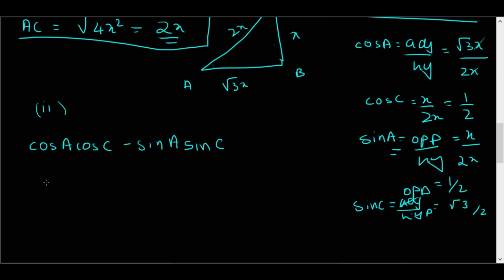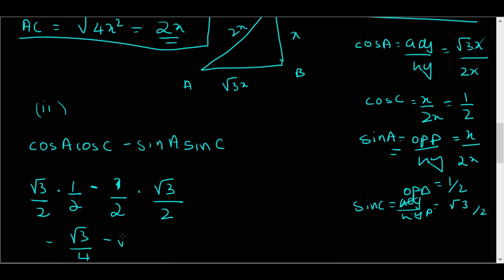Cos A, let's substitute, is root 3 by 2 into sine C, that is half, minus sine A, that is half, into sine C, that is root 3 by 2. So this would be root 3 into 1 is root 3 by 4 minus root 3 by 4. The values are the same and the signs are opposite, so they cancel and it becomes 0.